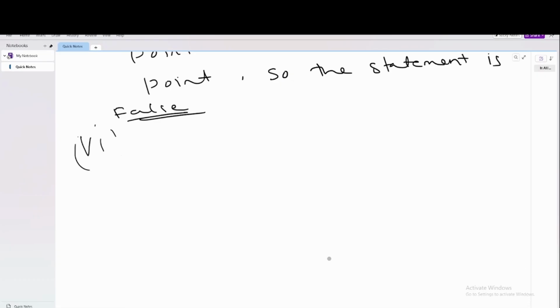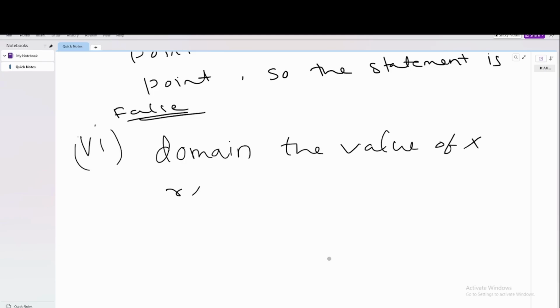Domain means the value of x, and range means all possible values of f of x.